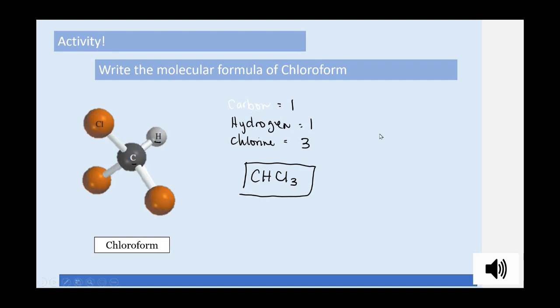Okay, very good, Aaron. Now, let's go to the empirical formula. As we know, empirical formula is the lowest ratio of the molecular formula. So how do we do it? Here, class, we have acetylene, and acetylene is composed of carbon and hydrogen.